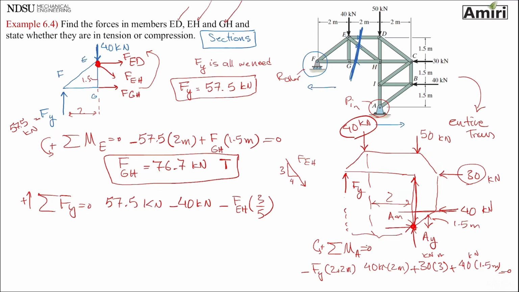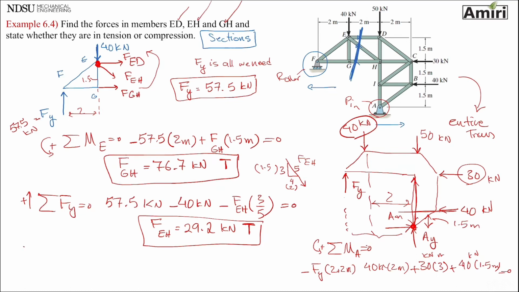So it's 3/4/5. I use 3/4/5 because it's a very common ratio, and I know what to expect. Same ratio, so 3/5 equals 0. This will get me FEH of 29.2 kilonewton, and that means also tension.